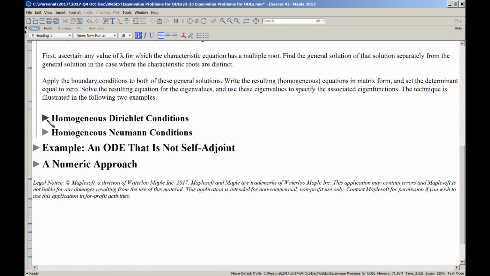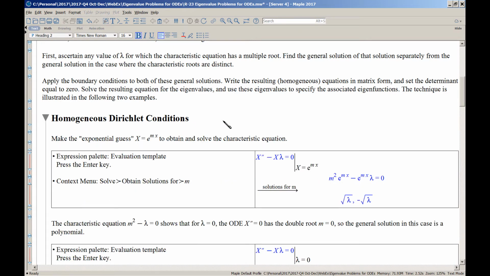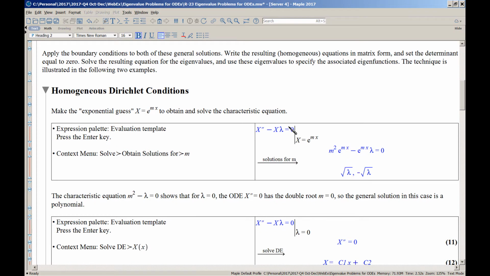So we have homogeneous Dirichlet conditions, and I also will show you what happens if you use Neumann conditions. Okay, so here is the differential equation. You want to solve this, so you make the exponential guess, and you get this characteristic equation as soon as you divide out the e to the mt. When you ask Maple for solutions for m, you get plus or minus root lambda.